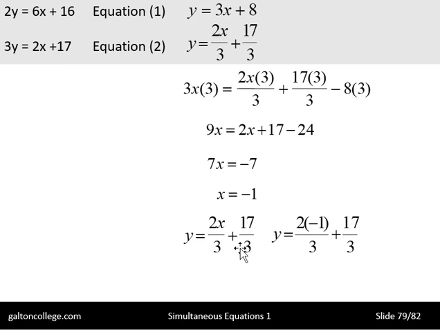We divide by 3, so we have 2x over 3 plus 17 over 3. We know what x is now, it's minus 1. So instead of x, put in minus 1. That becomes minus 2 over 3 plus 17 over 3, which is equal to 15 over 3, which is equal to 5. So y equals 5.